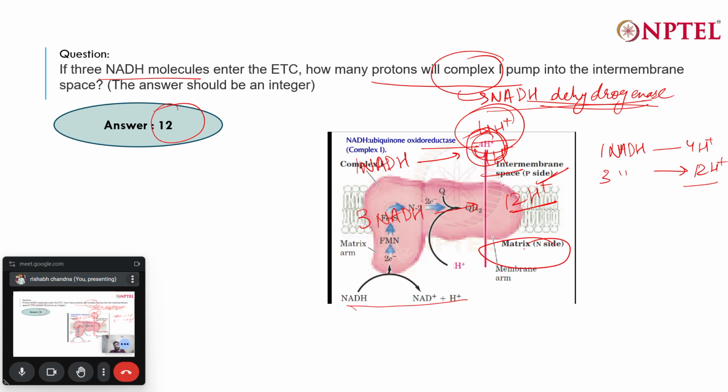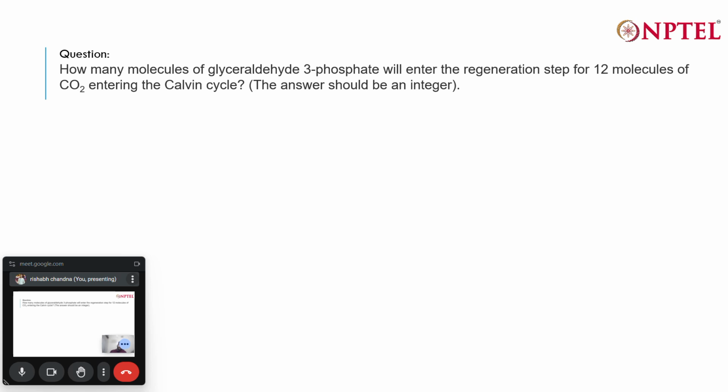Okay, so let's move on to the next question. How many molecules of glyceraldehyde 3-phosphate will enter the regeneration step for 12 molecules of CO2 entering the Calvin pathway?